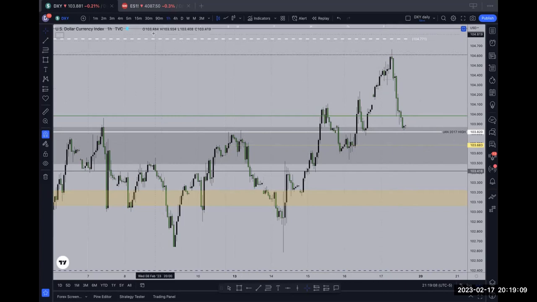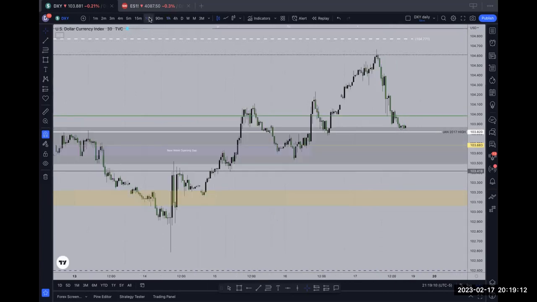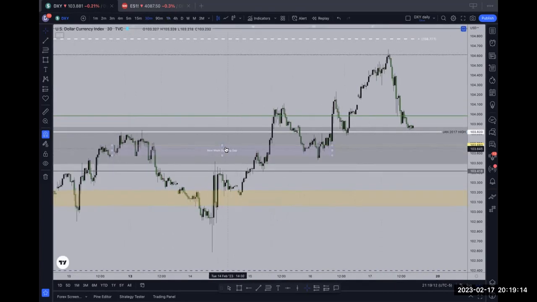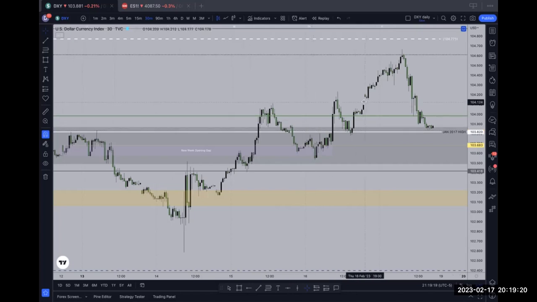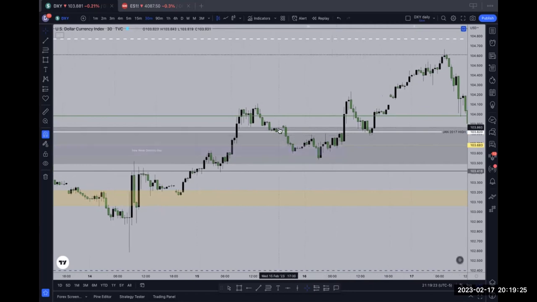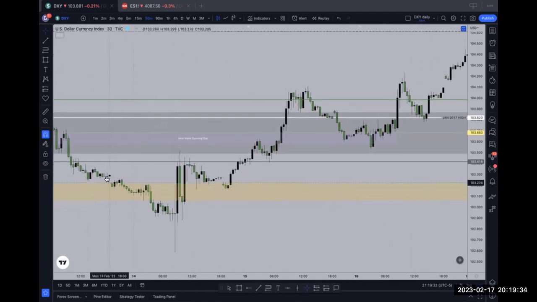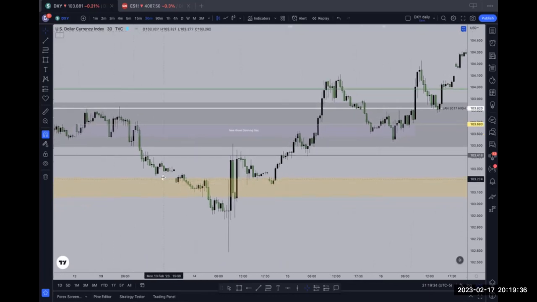So on the dollar chart, the last thing I want to show is on the 30-minute, marking up that new week opening gap. Now, each day also will potentially have gaps. As you can see, up in here, there was a gap. Over here, we had a gap, and over here, we had a gap. And these also were marked up at the time for those particular days for intraday trading.